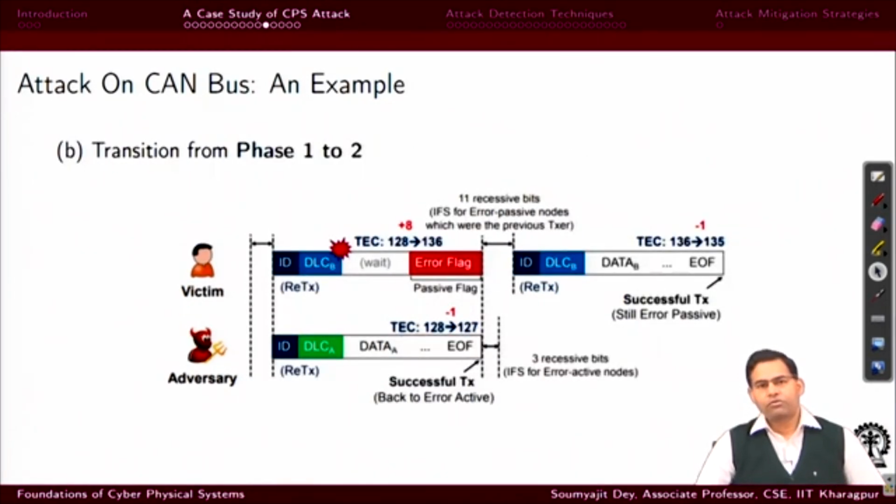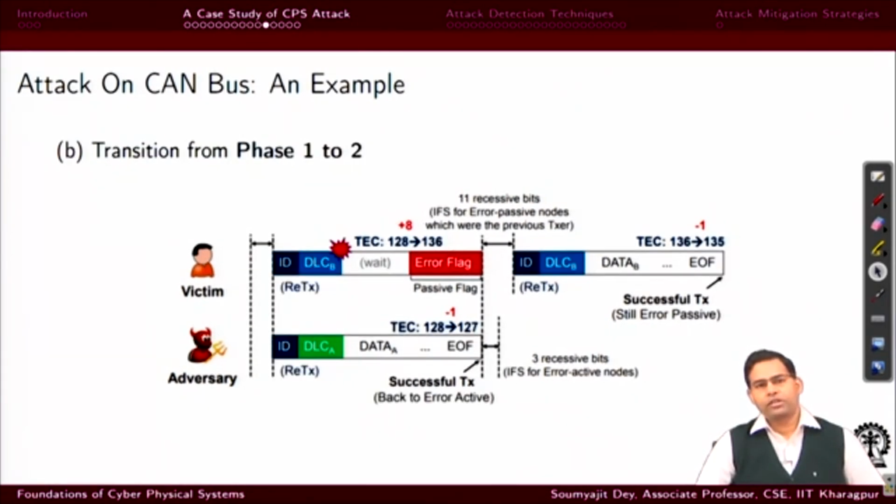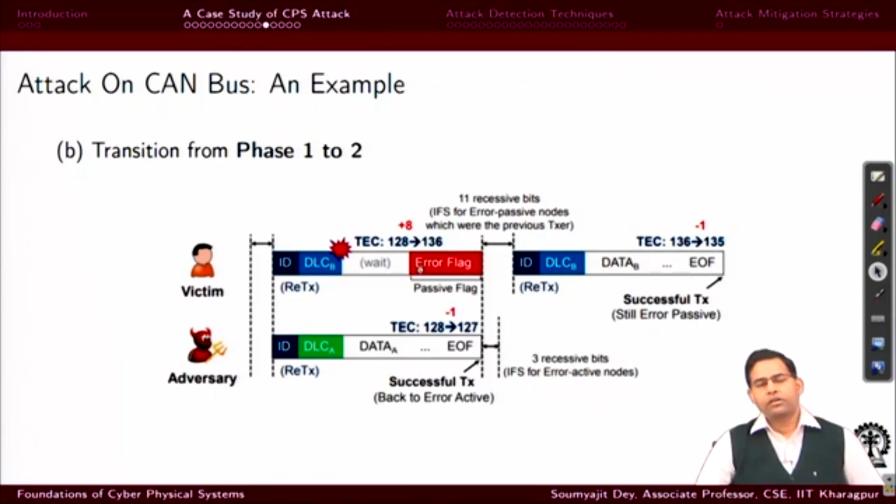When I come to phase 2, since the victim was having these increments earlier than the adversary, at this point it will get into the error passive mode, and due to that the flag will change from active to passive.